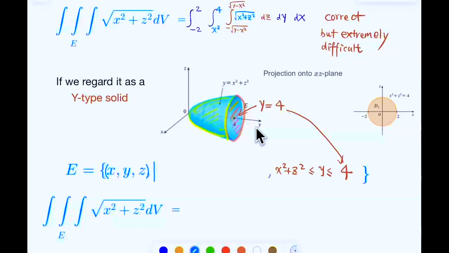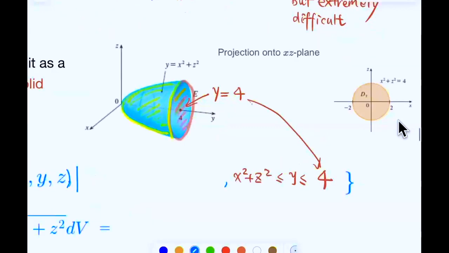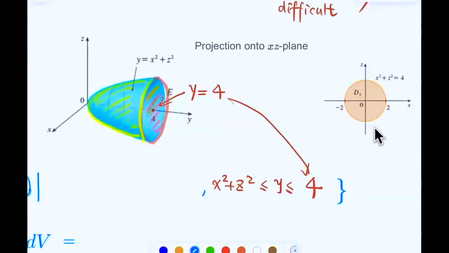Okay. Now, because this is a Y-type solid, we're going to project onto the xz plane. Okay? And this region here, you can regard as either type 1 or type 2. However, it's a circular shape, so maybe it's better that we use what? Polar coordinates, right? In polar coordinates, this will be a polar rectangle, with a circular region, right? Okay.